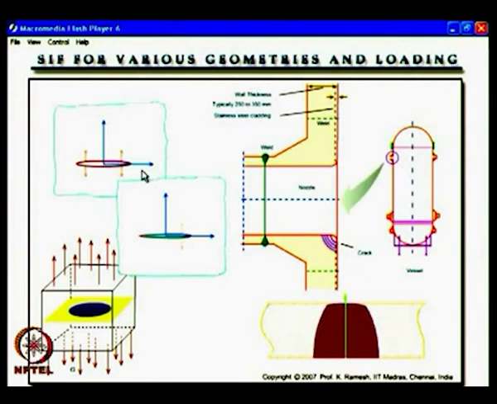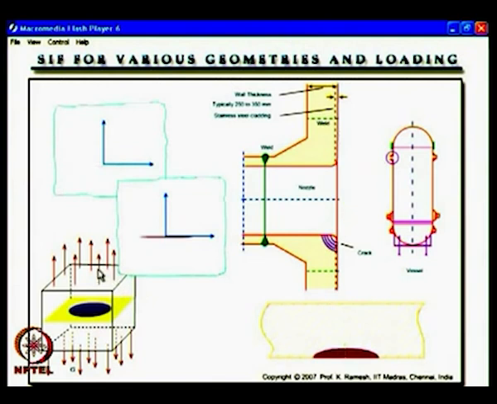See, so far we have looked at only those class of problems where the crack surfaces are free, whereas here what you find is that crack is open by 2 symmetrical loads, and you have another situation where the crack is opened by a point load here.